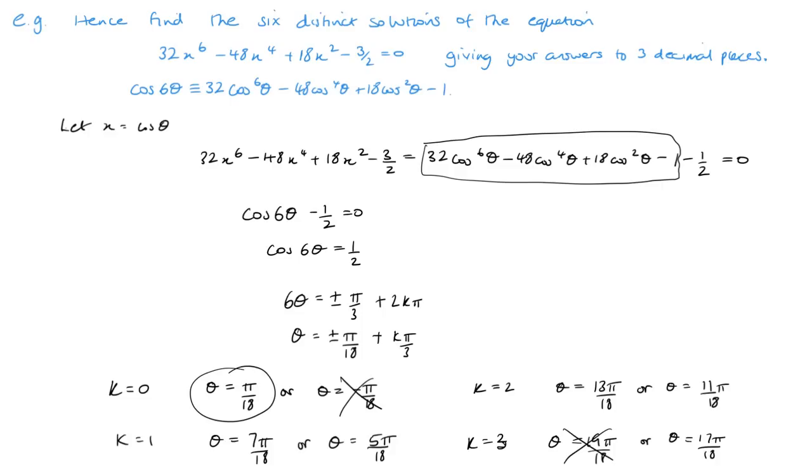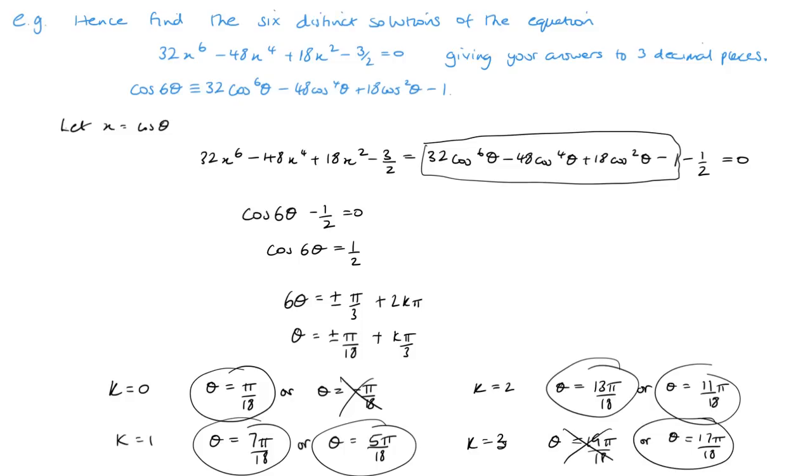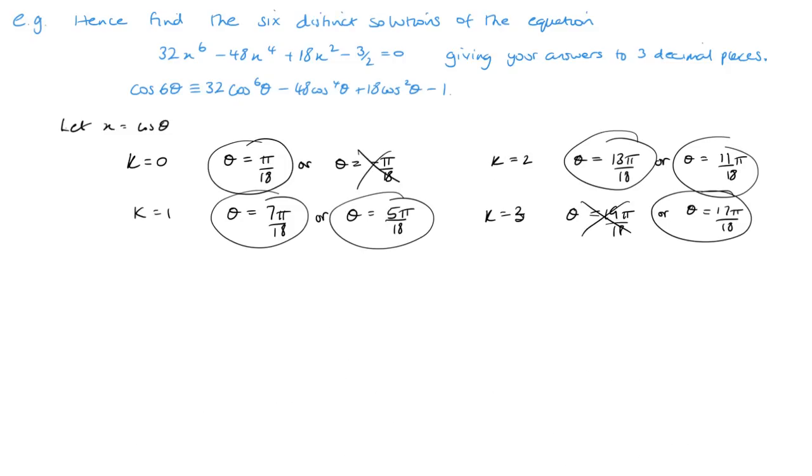So I've got 1, 2, 3, 4, 5, 6. Or theta equals pi by 18, 5 pi by 18, 7 pi by 18, 11 pi by 18, 13 pi by 18, and 17 pi by 18.